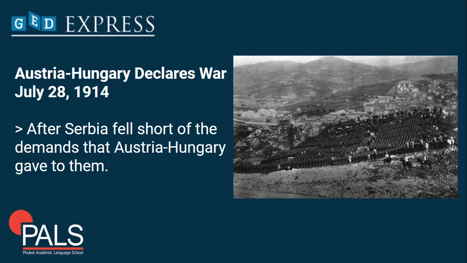And they threatened Serbia that if they did not comply with all the demands within 48 hours, they would attack and declare war. When Serbia's response fell short of the demands, Austria-Hungary declared war on Serbia on July 28, 1914, and that's the start.